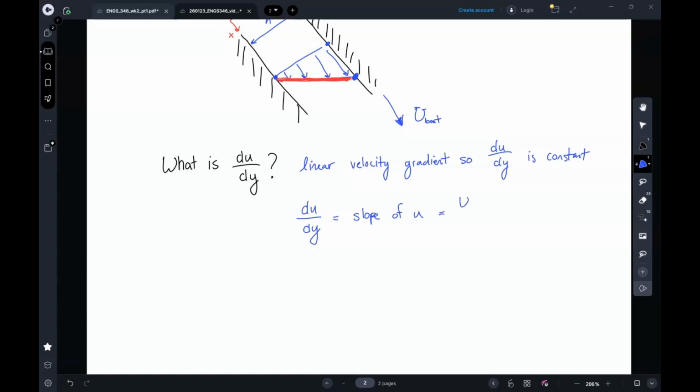So in this case, it's u boat minus the velocity of the slide, which is 0, divided by the y position of the boat minus the y position of the slide, which is 0. So this equals u boat divided by the gap. So this is simple because we have this linear velocity profile.